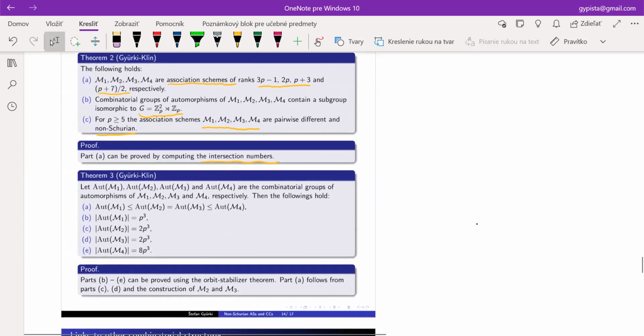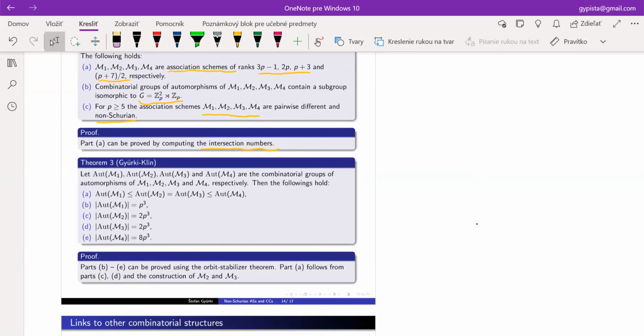And playing further with these objects, we could prove that the first scheme has as the full group of automorphisms the original group. The second and third have a twice larger group, and the fourth one has 8 times larger group. And by the construction, you could prove this chain of inequalities: based on the construction, you can say that the automorphism group of the third one is an overgroup of the automorphism group of the second one.